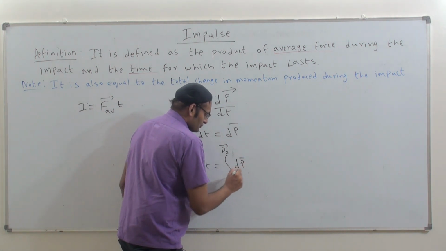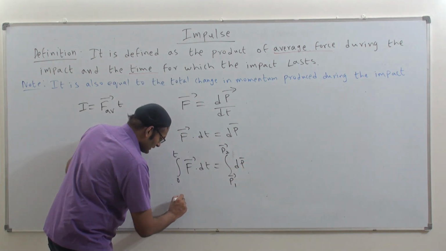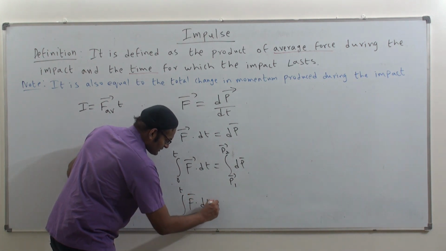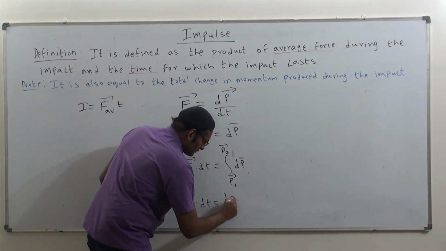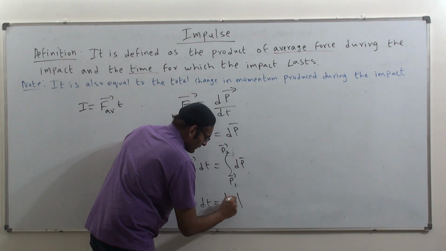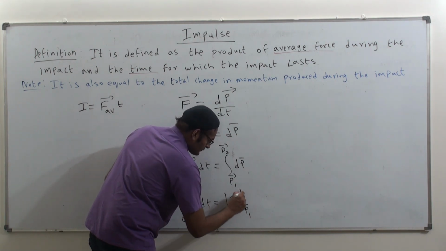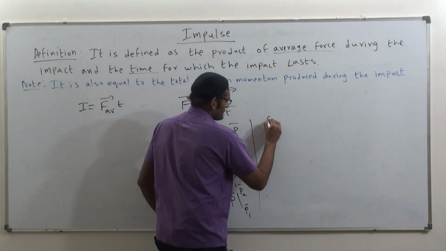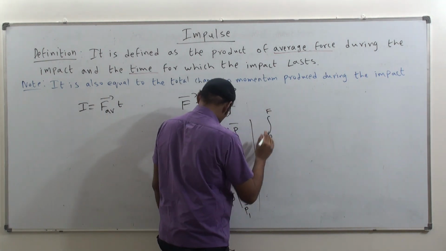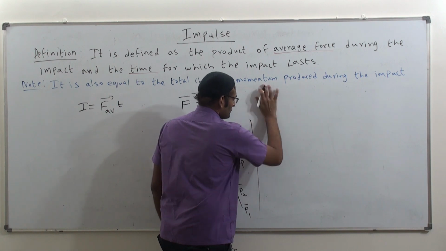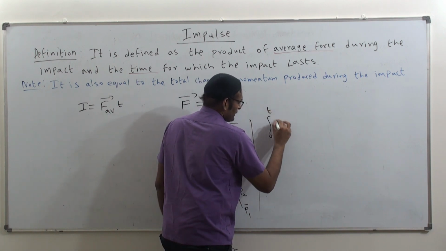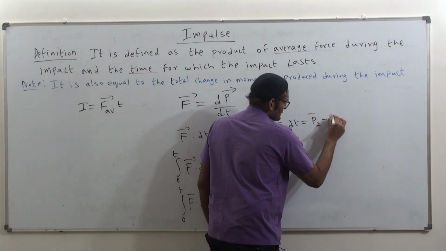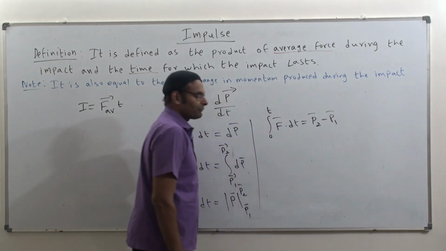So this can be further written as the integral from 0 to t of F bar dt is equal to p2 minus p1. That is the change in momentum.